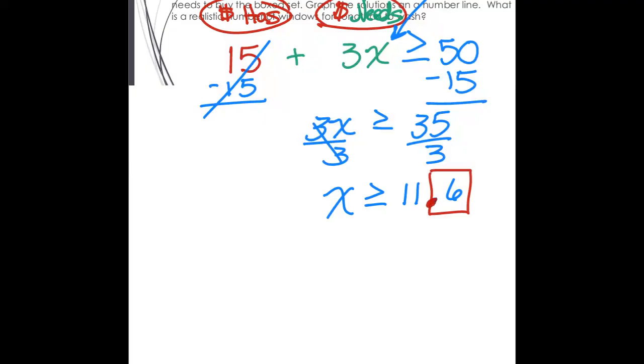Why don't we go down here? What if you only wash 11 windows? Is that enough? No. So it's 11.6 or more, which when you take it to the whole nearest window, we need 12 whole windows.